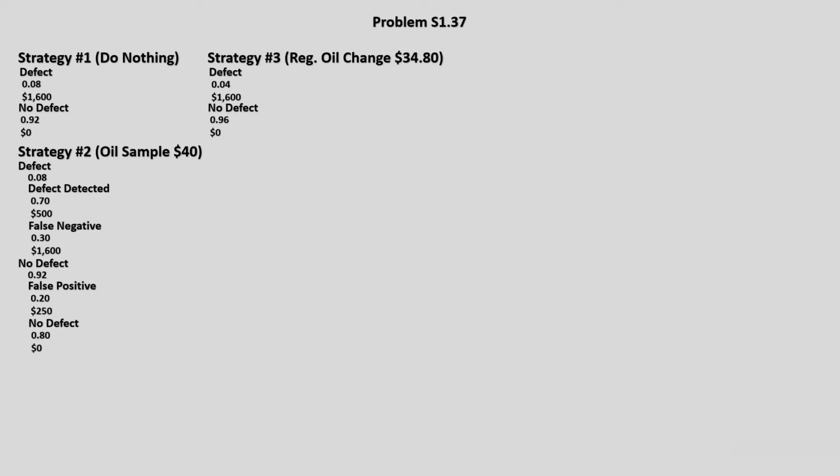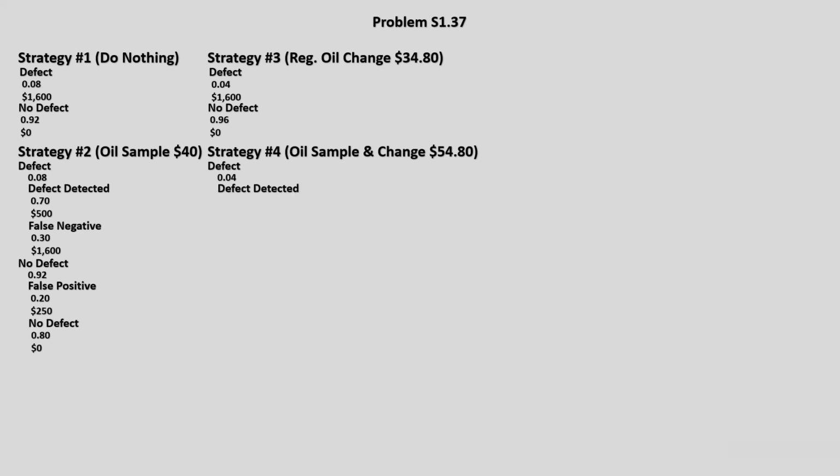Strategy 4. We're going to do oil changes and sampling. The cost of each oil change and sample is $54.80. You can have two states of nature again, defects, no defects. We're doing preventative maintenance, so we have a probability of 0.04 for a defect to be present.